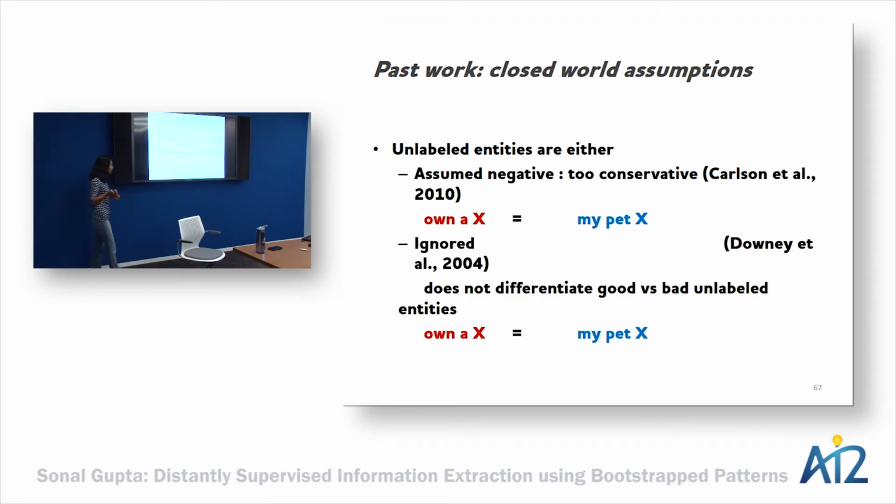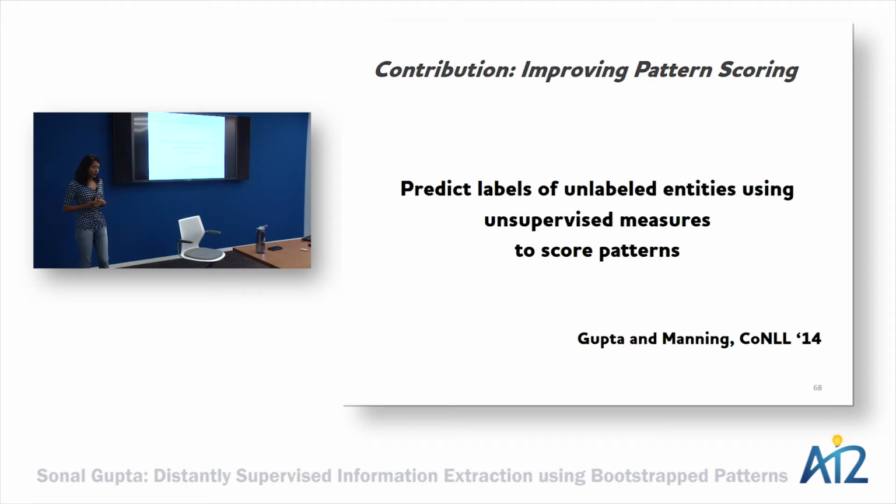Similarly, if you just ignore them, then it does not differentiate between good versus bad unlabeled entities. And again, both of them will extract only one positive entity, so you give them the same scores. Or you do both. So what we do is that we predict labels of unlabeled entities using unsupervised measures. So we don't want to put in any more supervision than we have to start with.